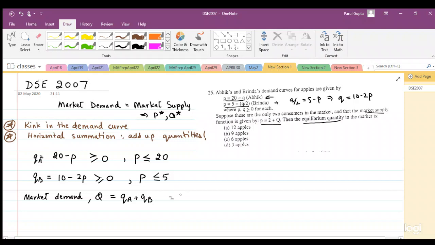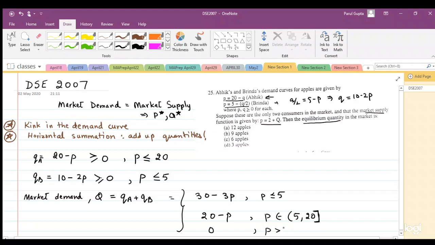So we have to be careful about that, and we can write the market demand curve as 30 minus 3P for P less than or equal to 5, and 20 minus P for P between 5 and 20. We can also say that for any price above 20, there is not going to be any market demand, because neither Abhik nor Brinda will demand the apples at a price greater than 20.